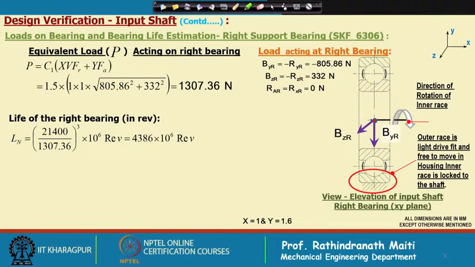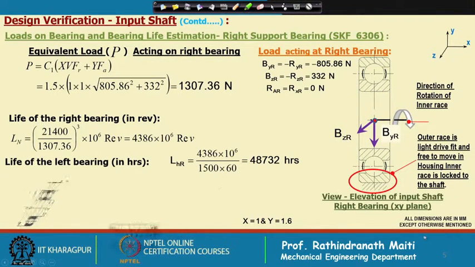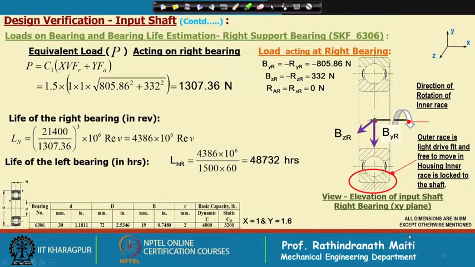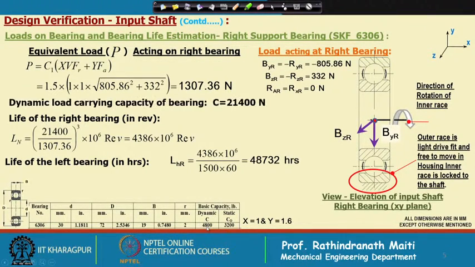Then the life of the right bearing in revolutions is Ln, where C is 21,400, which is the dynamic load capacity of the bearing. This bearing, I think I have shown at the last pages. This is in pounds, given as 4800, which becomes 2100 Newton.